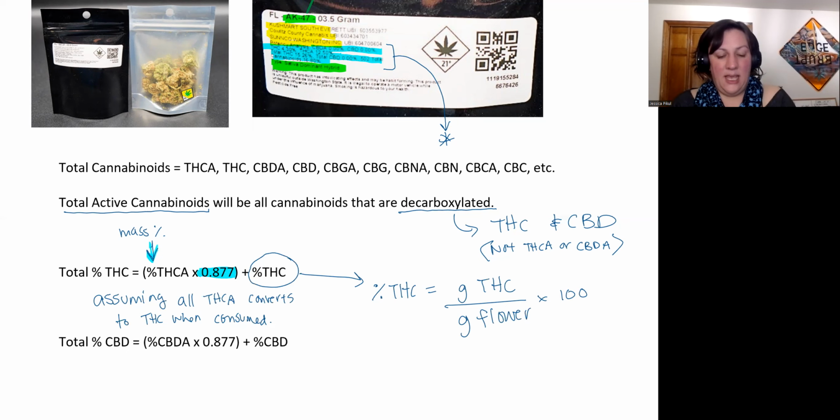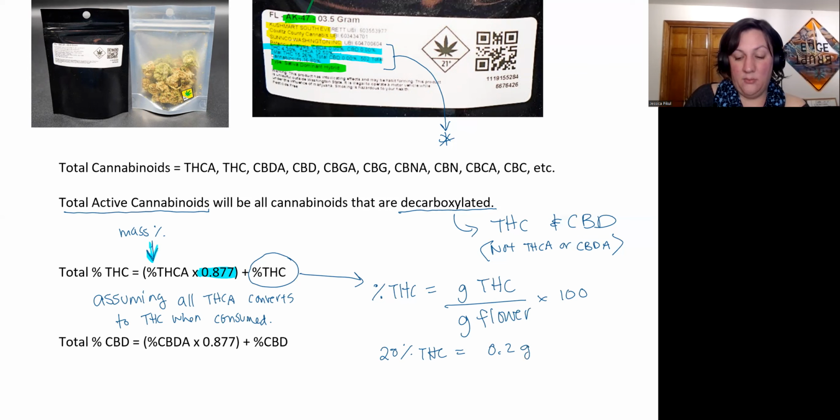In this case, if we had 20% THC, this would mean that we had 0.2 grams of THC for every 1 gram of flower. And you times it by 100 just to get that percentage.